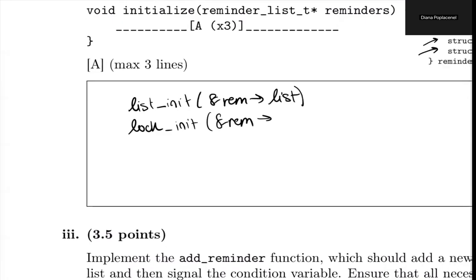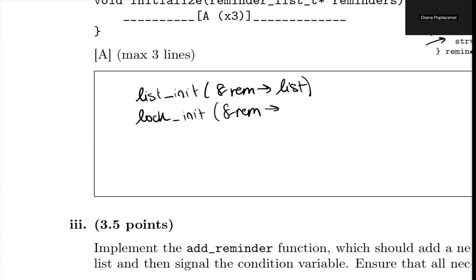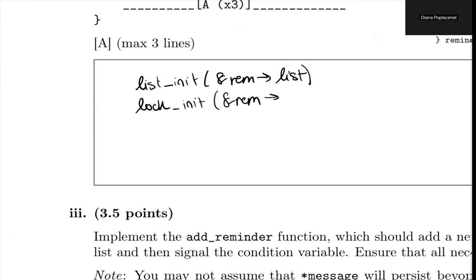And just make sure for any list init, lock init, and cond init function, and I guess some for semaphores as well, you're going to typically pass in the address of the list or lock or whatever you're initializing. And that's pretty standard. I have a longer Ed discussion on that if you're curious. So feel free to ask me about that.